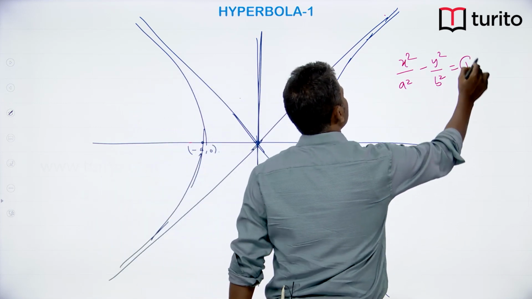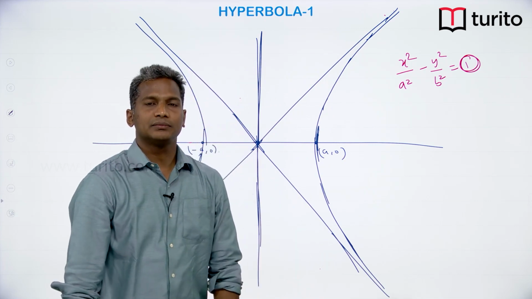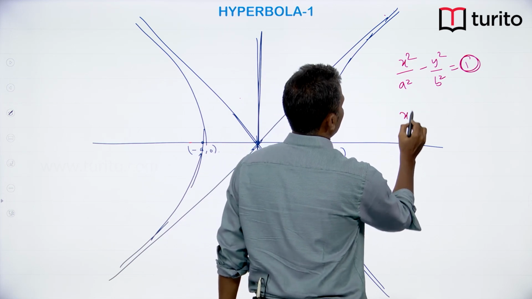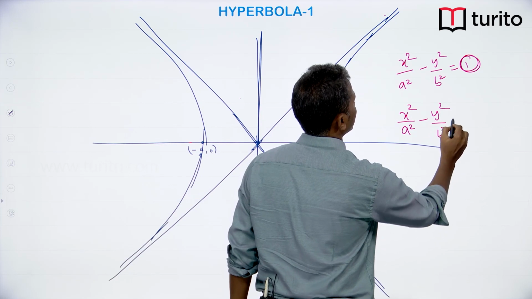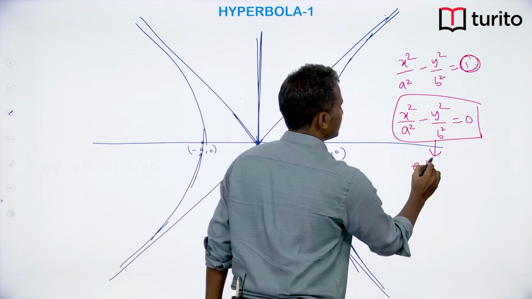So, if I take this 1 and put 0 in place of 1, I will get the equations of asymptotes. So, x square by a square minus y square by b square equal to 0 will give me the equations of asymptotes.